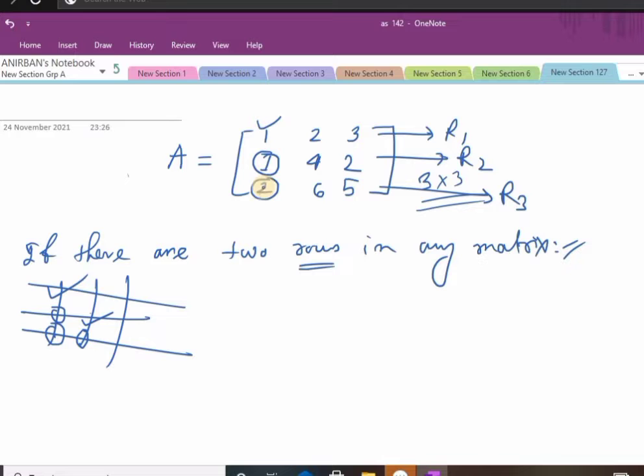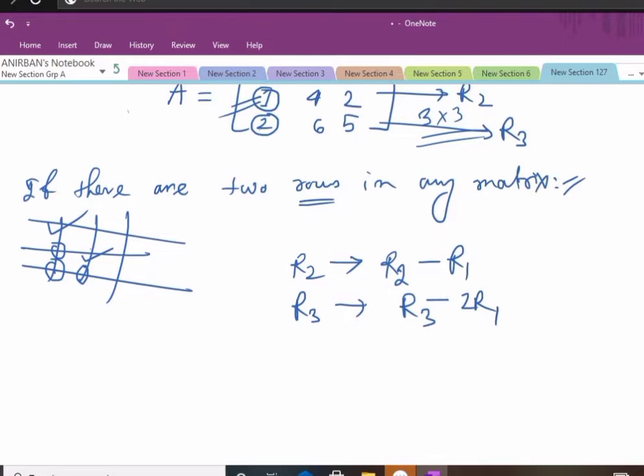If we modify R2 as R2 minus R1, then it will be 0. And then we modify R3 as R3 minus 2 into R1.